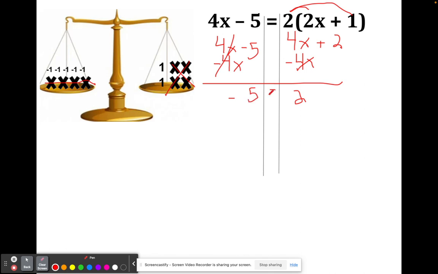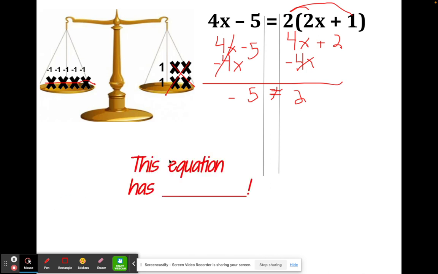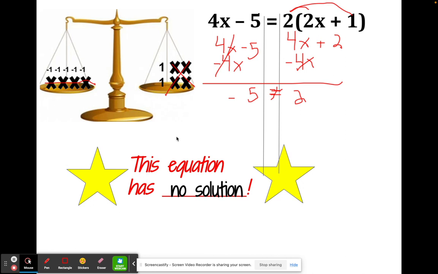Well, does 2 equal negative 5? No, that's not a true statement. 2 does not equal negative 5. So when you end up with a situation like this, it's not true. You end up with no variable and a false statement. Negative 5 does not equal 2 ever. So this equation has no solution. No matter what number I put in for x, I cannot get it to equal. There's no solution to this.